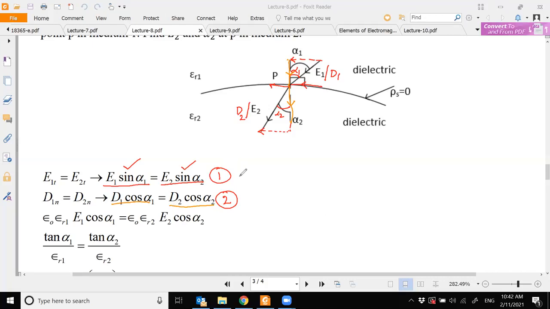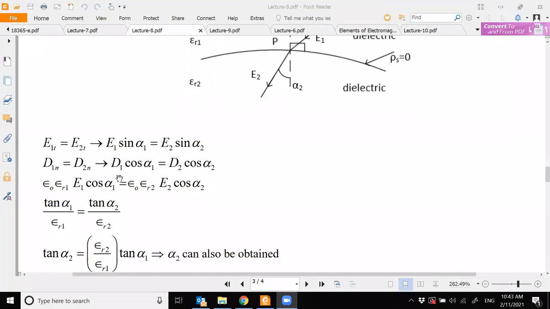You just use your mathematics and divide both these equations. You will get tan, and then you can find it. Before doing that, can I just change D1 and D2 in terms of E1? Because D1 is epsilon 1 E1. And what is my epsilon 1?